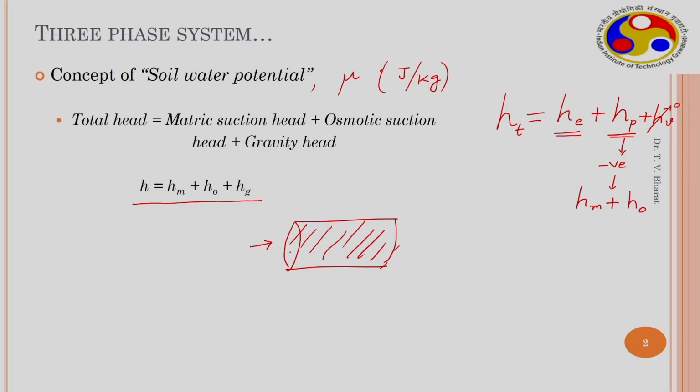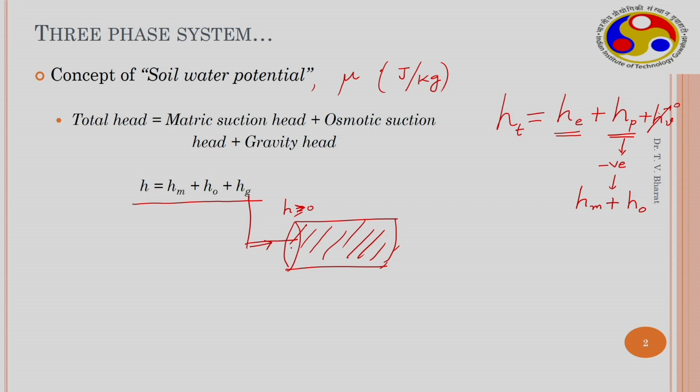So generally, if you take a horizontal soil column, initially the soil is completely dry. Now when there is a water reservoir connected to this, the head here is more than or equal to 0, because if you maintain some particular head, then this is more than 0, and within the soil mass the head is negative.